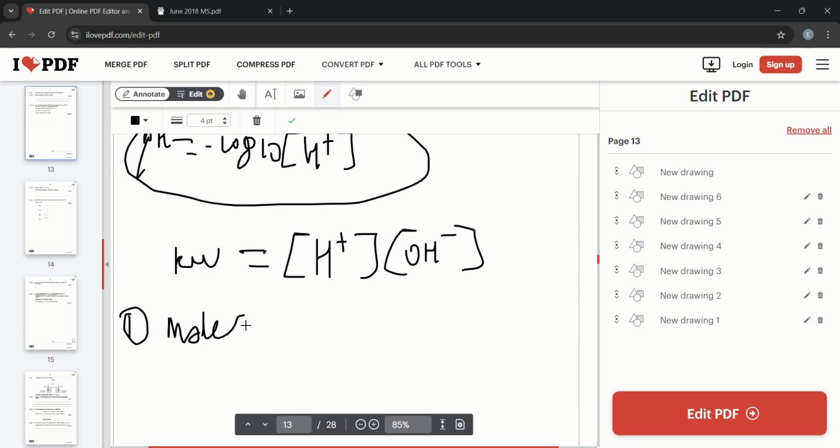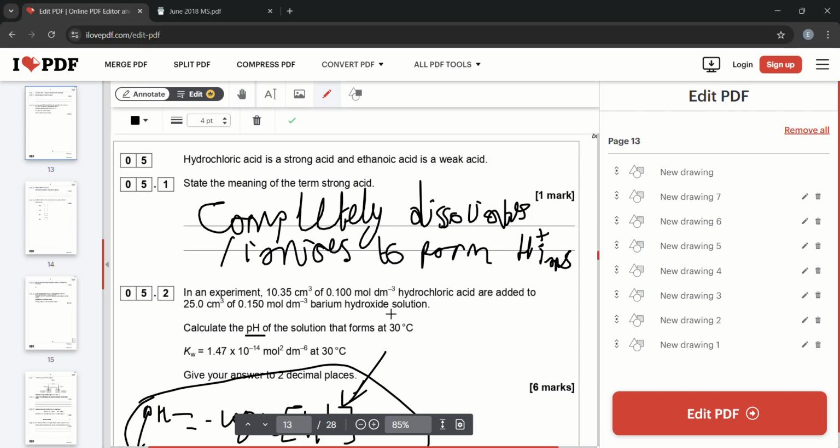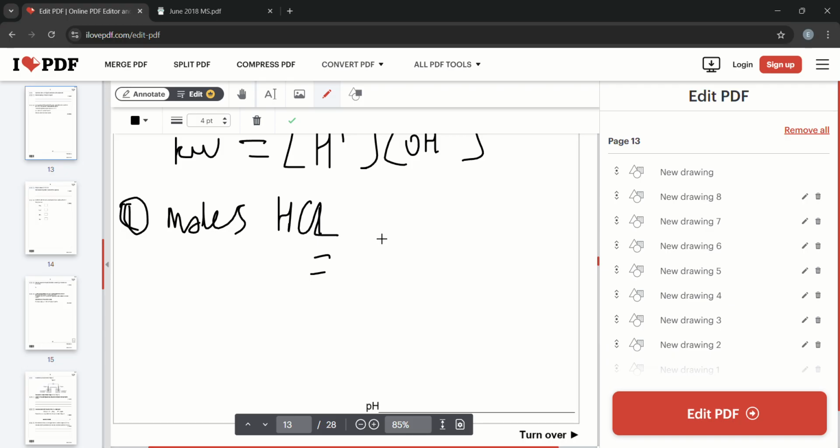Moles of HCl equals 10.35 divided by 1000 times 0.100, which gives 1.035 times 10 to the power minus 3.